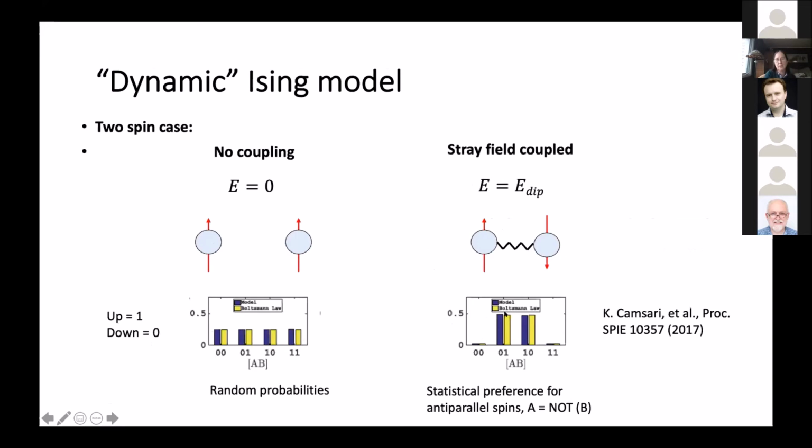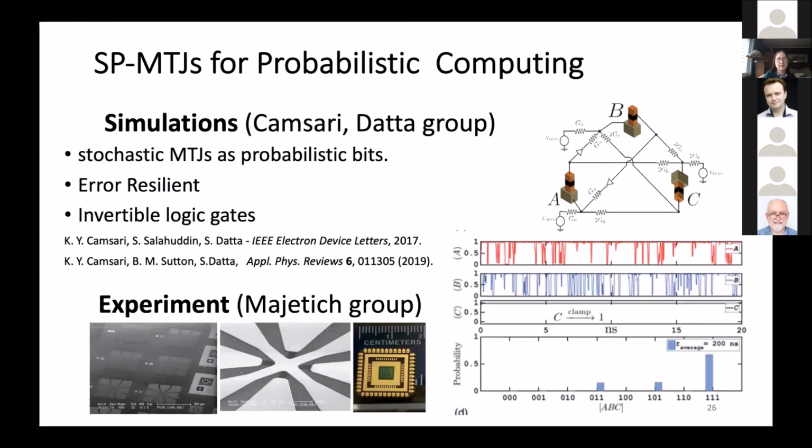But if we have some sort of dipolar or exchange coupling, then you can favor the states, get higher probabilities of finding them with opposite spin orientations. And so in this case, we would say this is a NOT operation: the state of spin A is not the state of spin B. So again, simulations have been done by Kerem Camsari and Supriyo Datta.